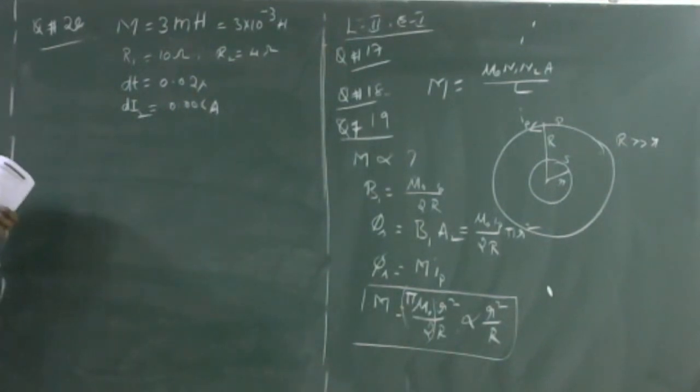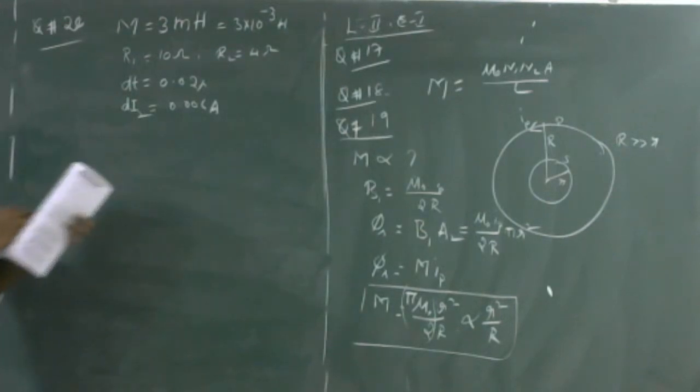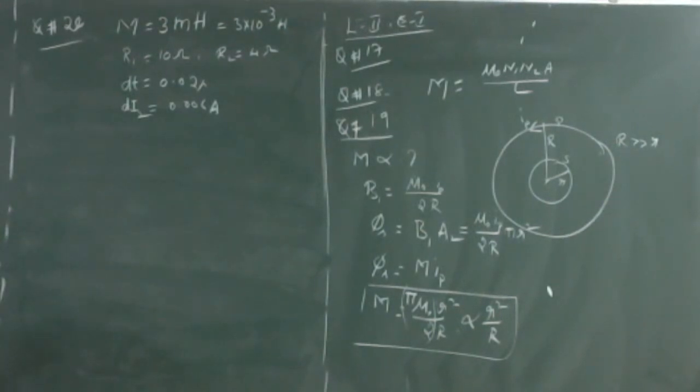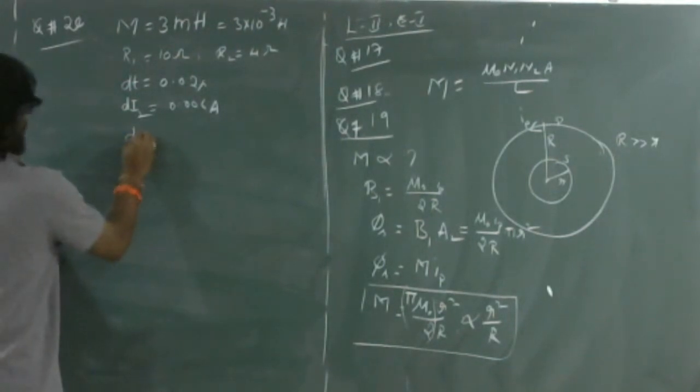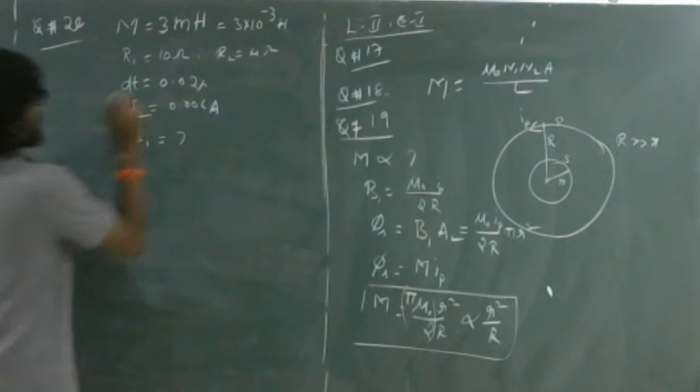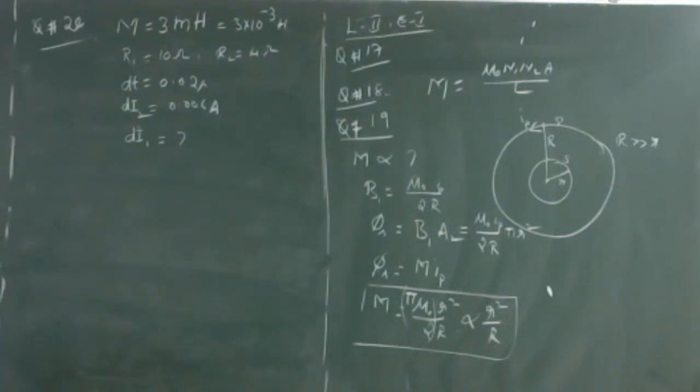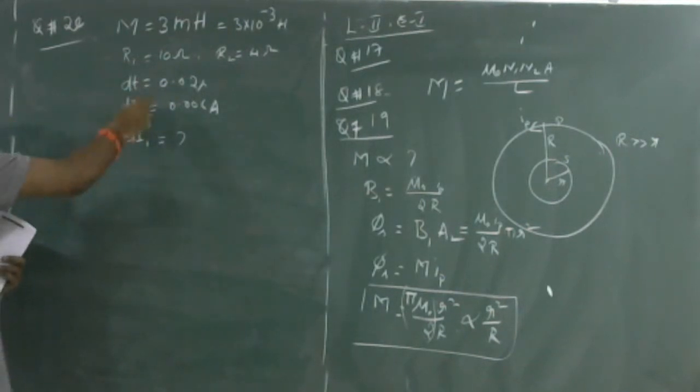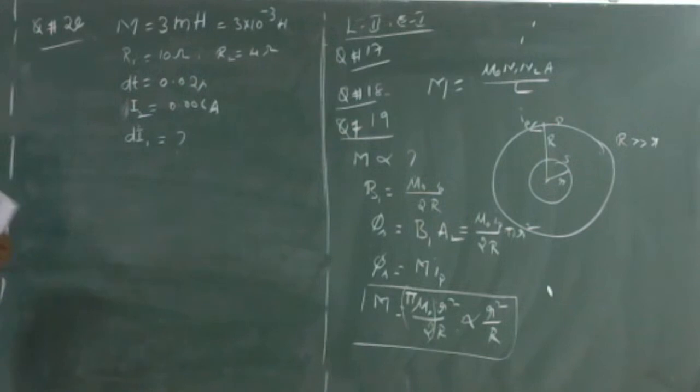What is the question? How much current should change in 0.02 seconds in A? What should be di1, so that the induced current in secondary coil B, I2, will be this much?